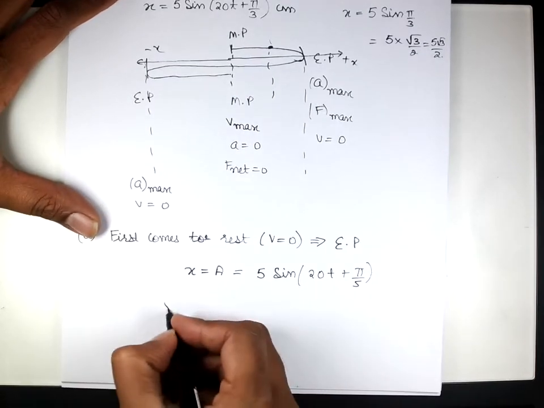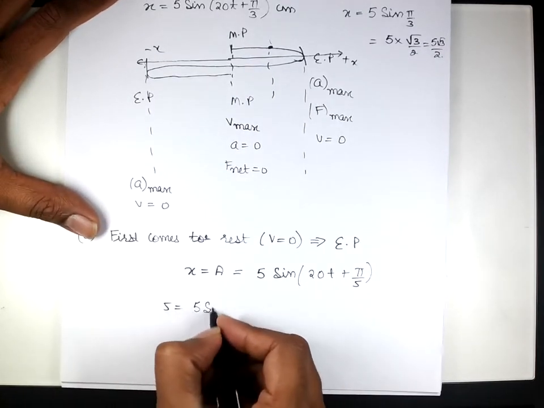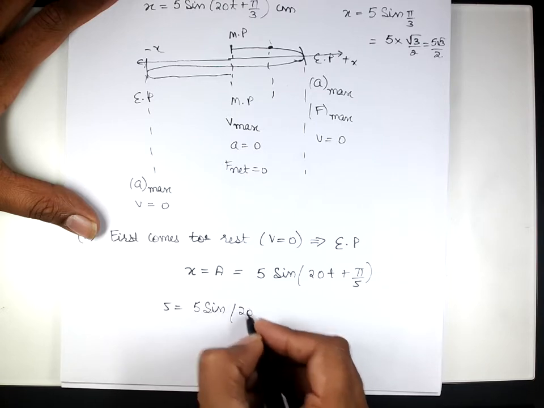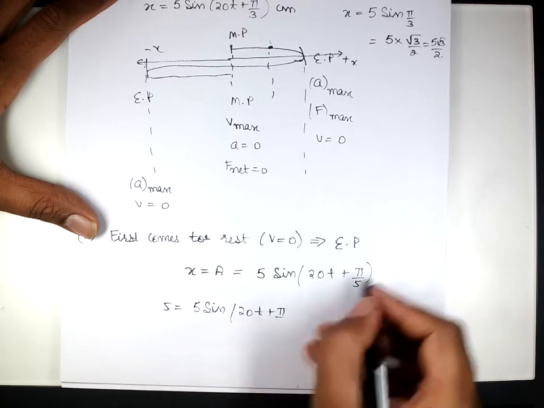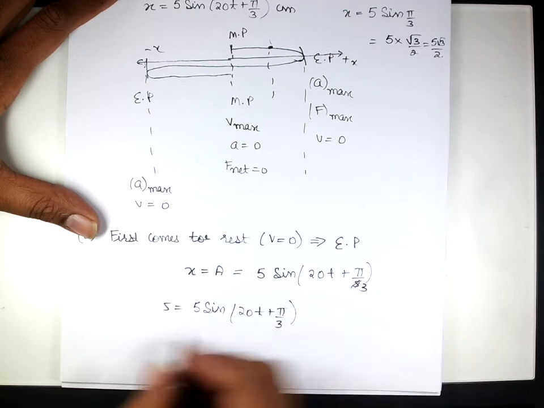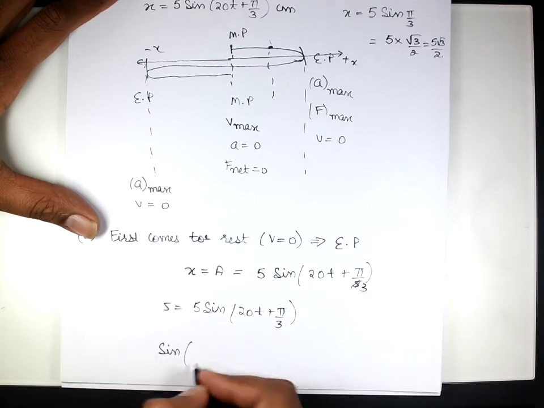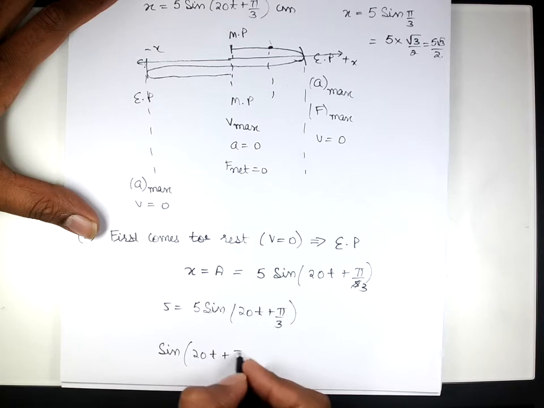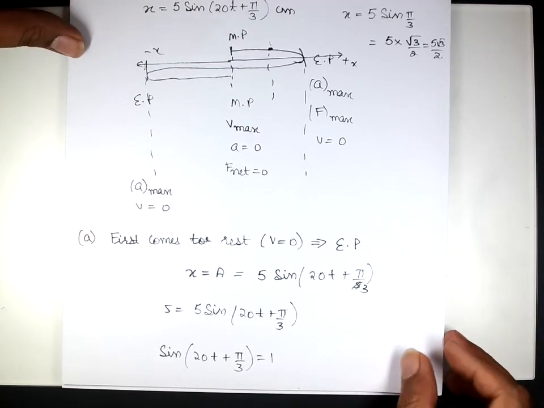So 5 becomes equal to 5 sine(20t plus pi by 3), or sine of (20t plus pi by 3) comes out to be equal to 1. I'll just turn around the page.